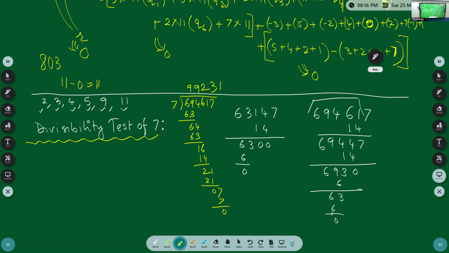Does somebody want to try explaining why it works? Let us go through it. Observation number 1.